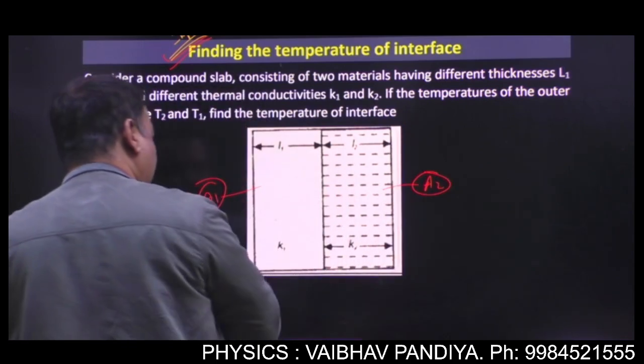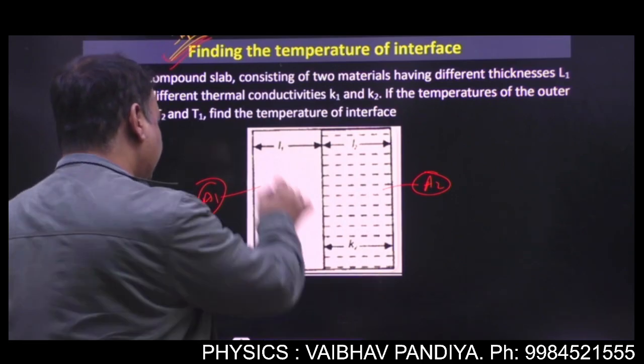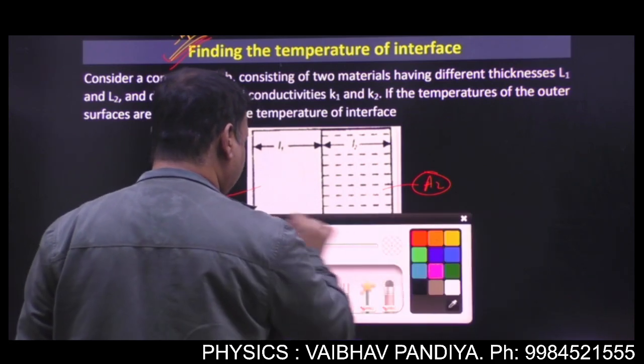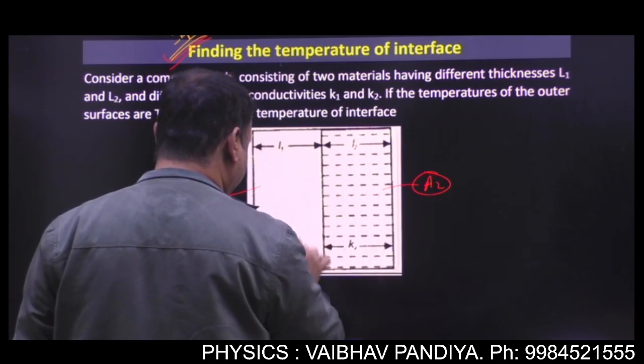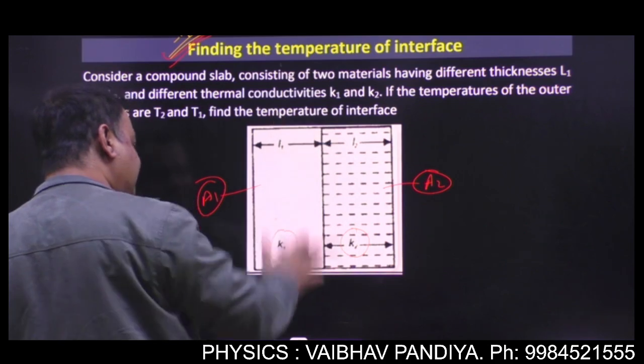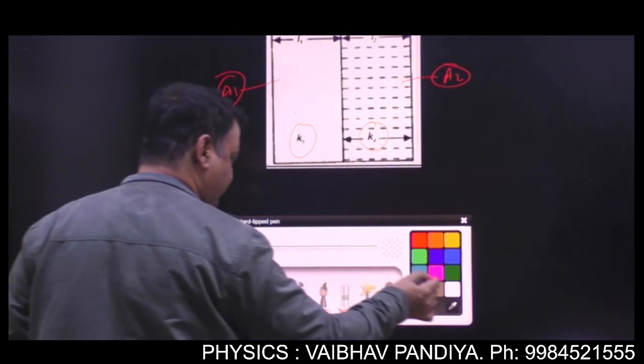That will be better. Here the length is L1, here the length is L2, here the conductivity is K1, here the conductivity is K2, and we have to find the junction, common boundary, common interface. So we have to find this temperature.